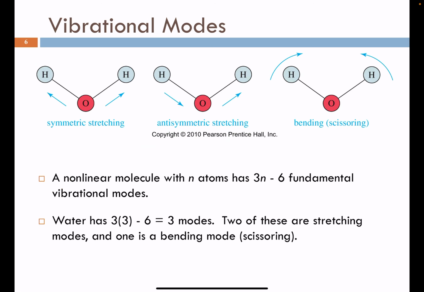Okay, so let's look at symmetric stretching of the water molecule. So recall here that our net dipole moment passes right through the mirror plane of the water molecule. And so by stretching the OH bonds further, we will be elongating the position here, moving hydrogens to a further spot.